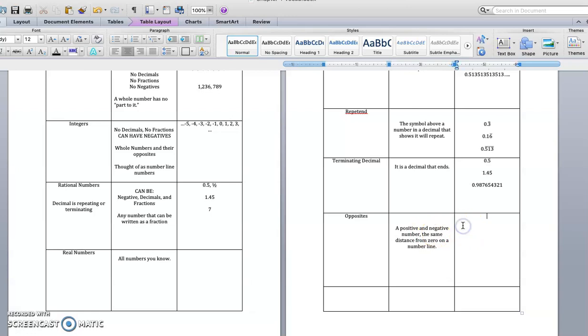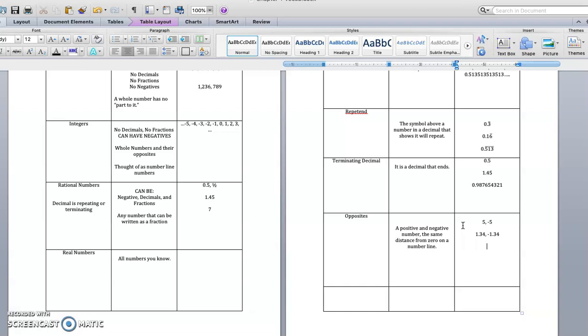So for example, 5, that's the positive, would be 5 spots away from 0 on a number line, and then negative 5 would be its opposite because it is also 5 spots away from 0 on the other side of the number line. I don't want to say it's the same number because 5 and negative 5 are not the same number. We could say it's the same digit or same sequence of digits with one being positive and one being negative.